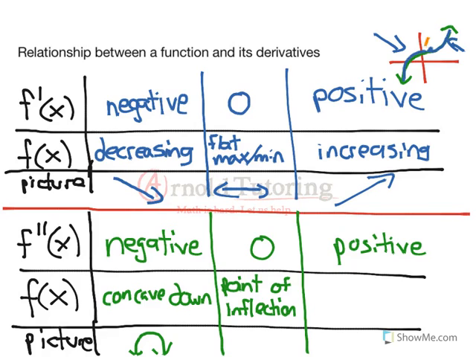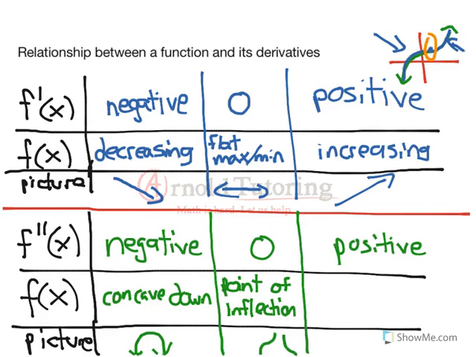That's happening in this picture right there at that point because it's changing concavity, from concave down to concave up. As far as the picture, there's no real picture here. It's either down to up or up to down.